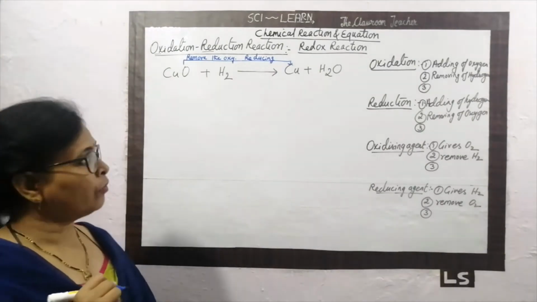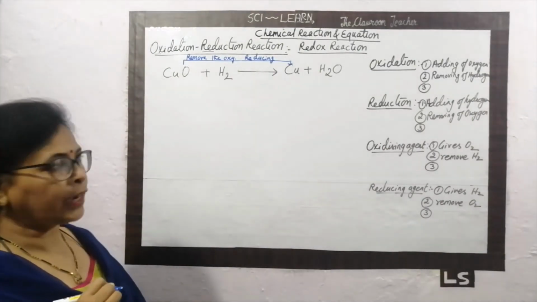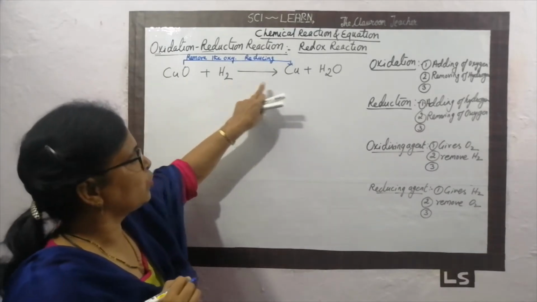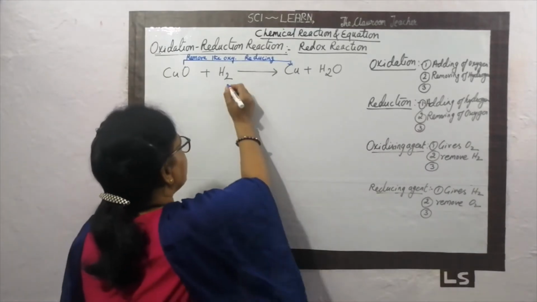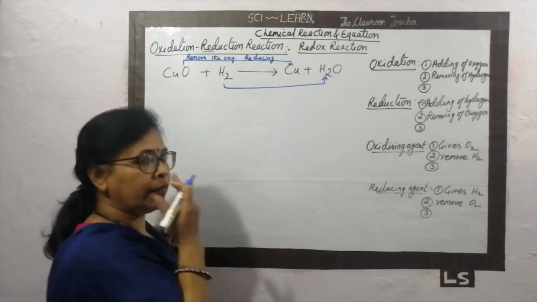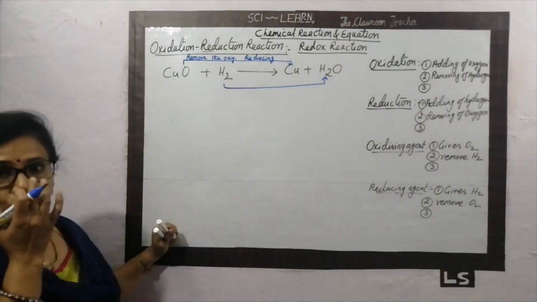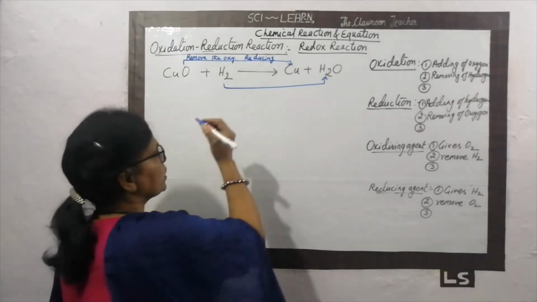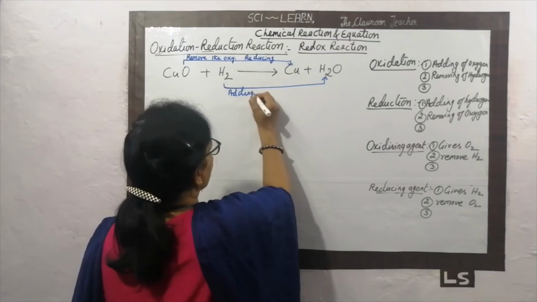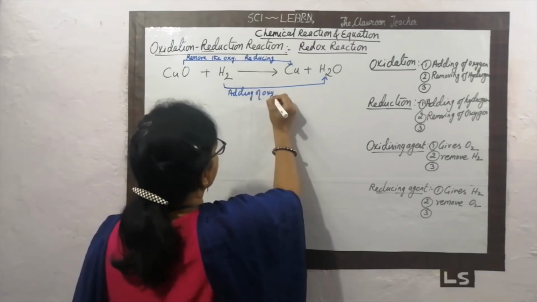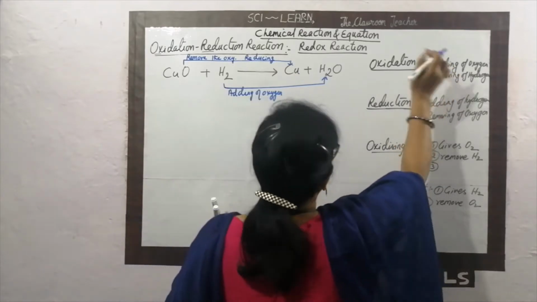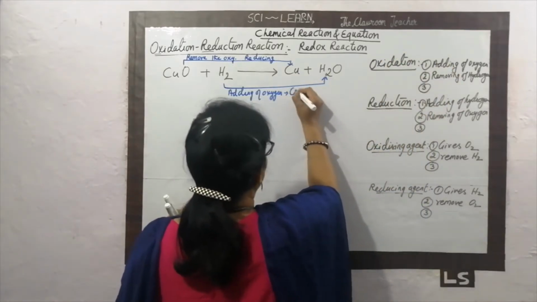Now where does that oxygen go? The oxygen which is removed from here combines with hydrogen to form H2O. It means the oxygen released by copper oxide is gained by hydrogen to form water. What is going on here? Adding of oxygen. If adding of oxygen is there, then this process is called oxidation.